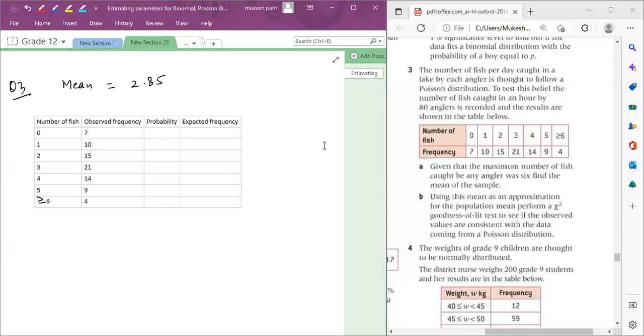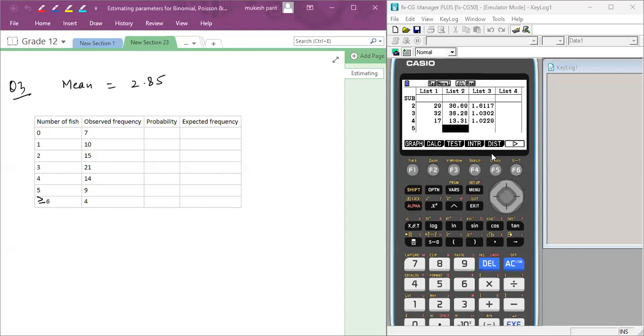Now the mean we have to find here is 2.85, and the observed frequency is given. So I will show you how to use the calculator.